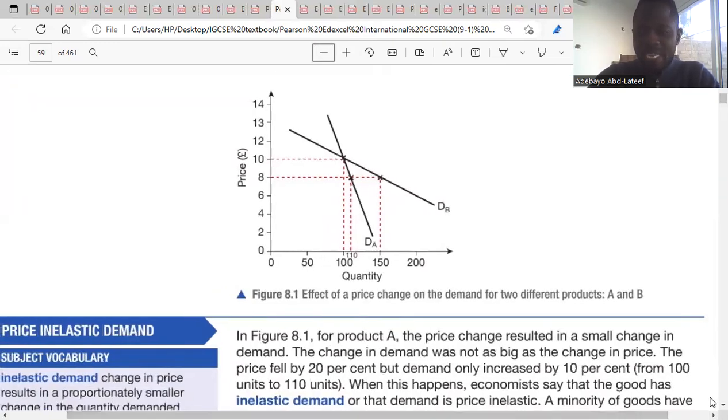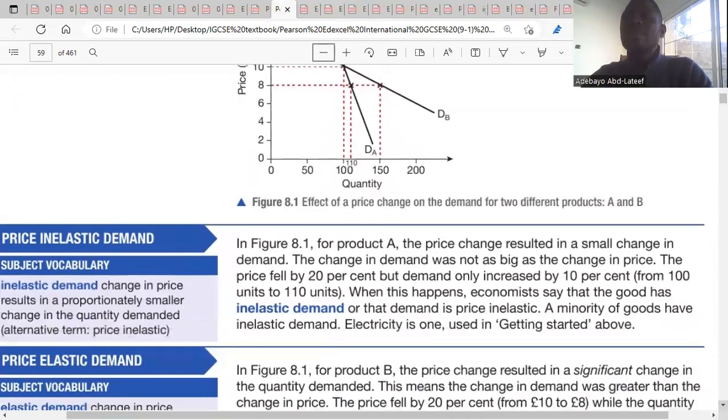Price inelastic demand means that there is no significant change in the quantity demanded of a product as a result of a change in price. So the demand for such a product is price inelastic. That means irrespective of what the price is, consumers still buy.